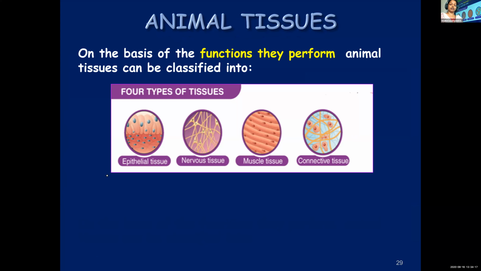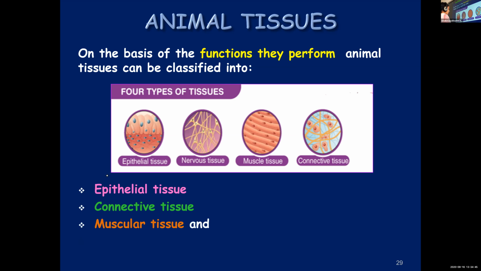Each tissue is performing a particular function. So on what criteria have we classified animal tissues? Based on the function they perform. And the 4 types are epithelial tissue, connective tissue, muscular tissue, and nervous tissue.